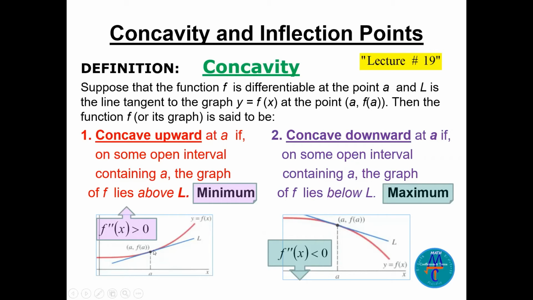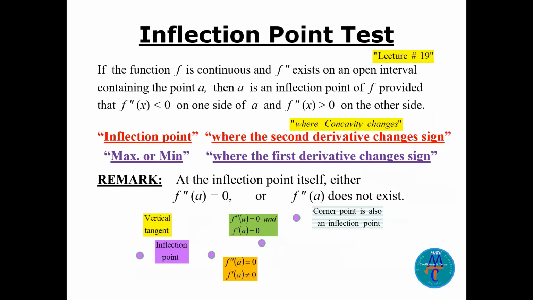So there is a local minimum. Same idea. The function is concaving downward if the whole graph lies below the tangent line, and f double prime is negative, there is a local maximum. And if there is a change in concavity, then we have an inflection point.